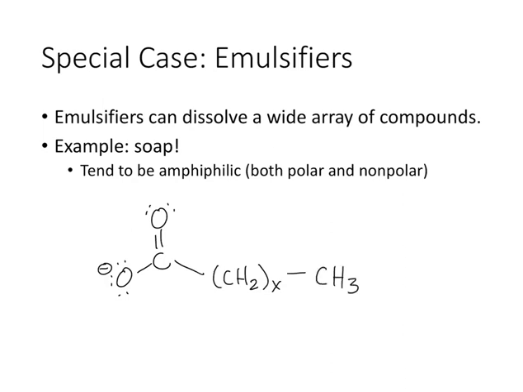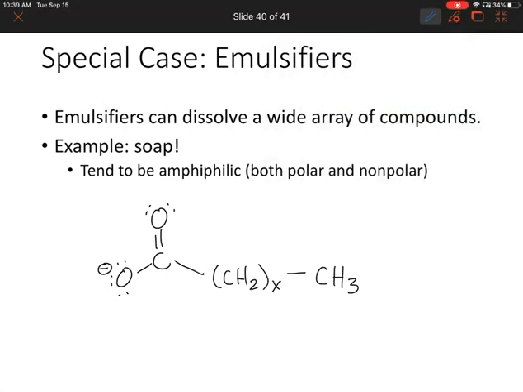So on one end of a soap molecule or an emulsifier molecule, there is a carbon bonded to two oxygens. And we already said that those are polar bonds, right? So we do have a net dipole on that end of the molecule, and that would be considered the polar end of the molecule.